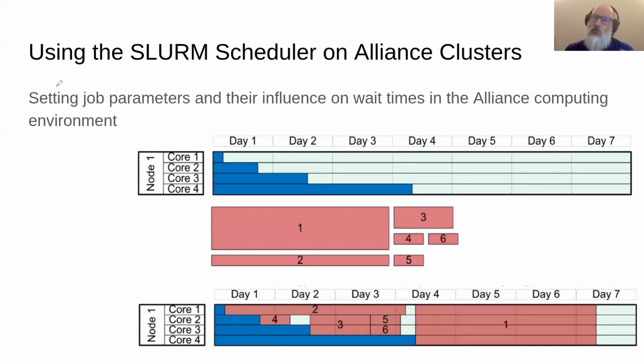So once we go through the sections of understanding the goals and the purpose of what the scheduling environment on Alliance clusters is trying to accomplish, we just go into the details about how to use it. This is a section that first begins with how we set parameters for a job.